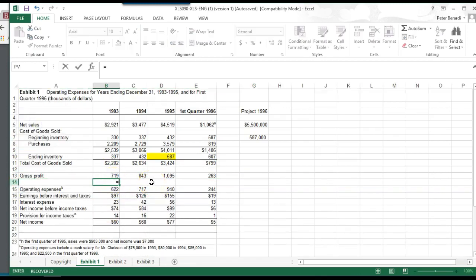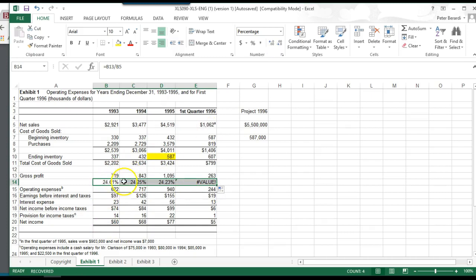Our gross profit equals, in 1993, gross profit divided by net sales as a percent. 24.61. $24.23 as a gross profit.